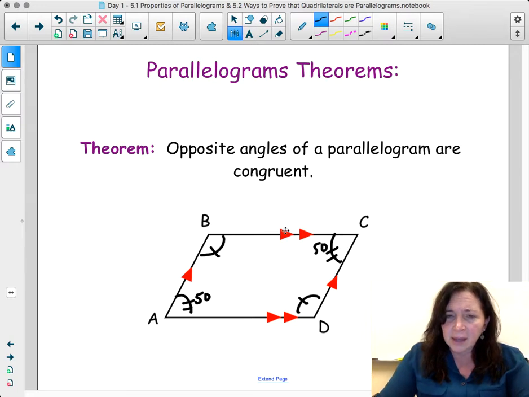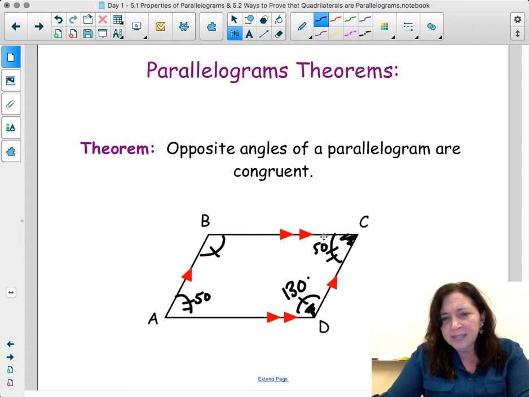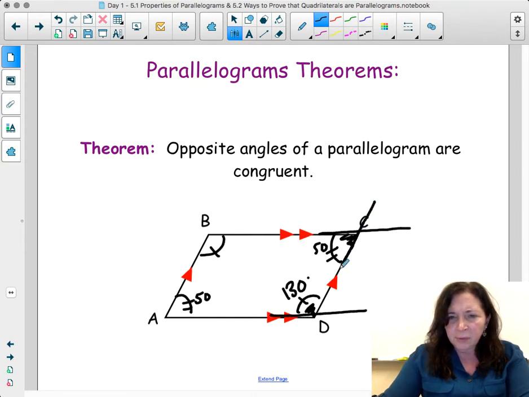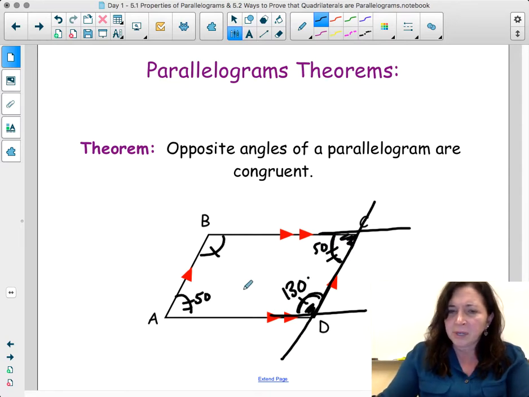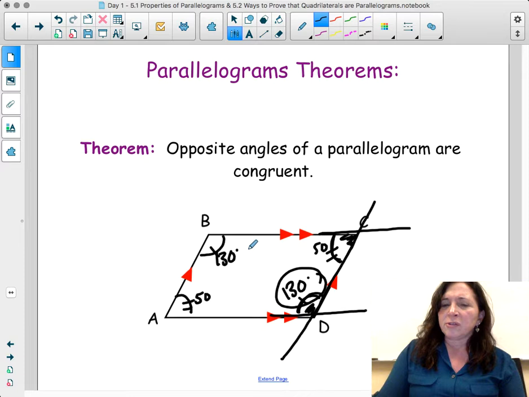That being said, if these are parallel, of course, these two angles in here are supplementary, and that would make that angle 130 degrees, because see how they're on the same side? If I were to extend that, and this is my transversal, right? That makes them same side interior angles, and that makes them supplementary. In addition, if this angle is 30 and this is a parallelogram, then the opposite angle is also 30.